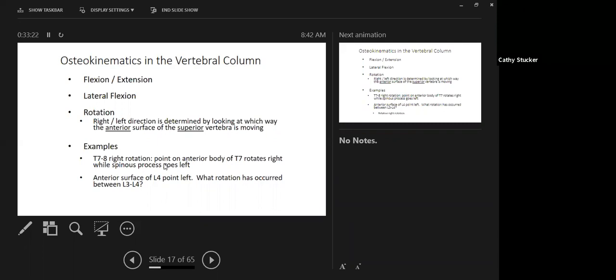The segment itself is rotated right or left. You call rotation by the anterior aspect of the vertebral body. I guess that's an important point I should share. So the front of that vertebral body rotates right, which makes the spinous process go left. So this is a right rotated vertebra.